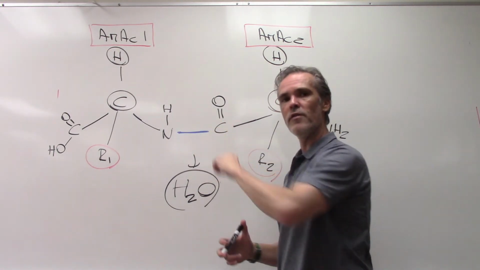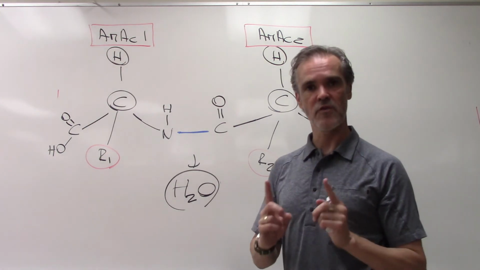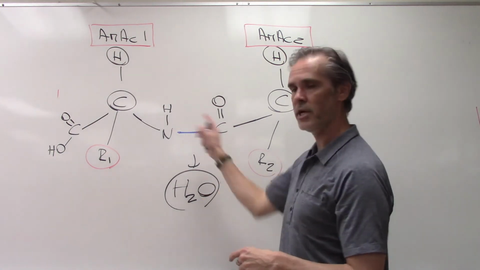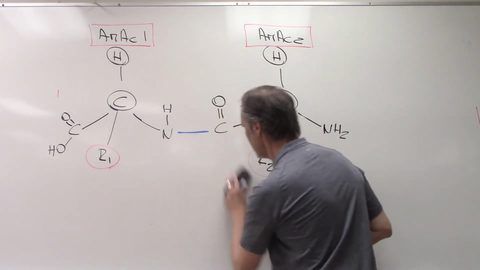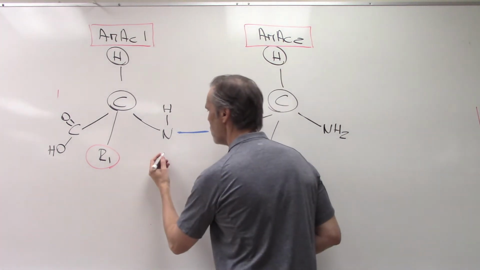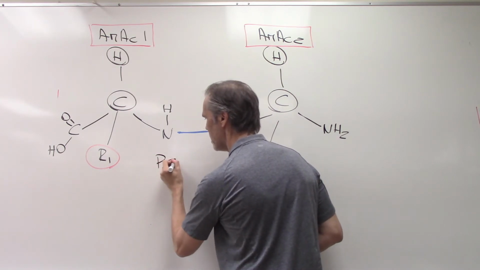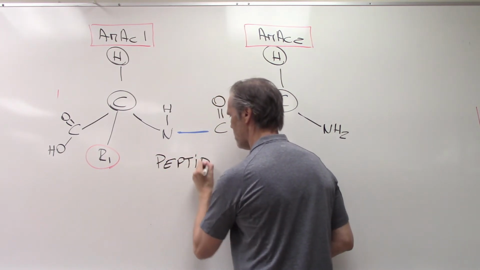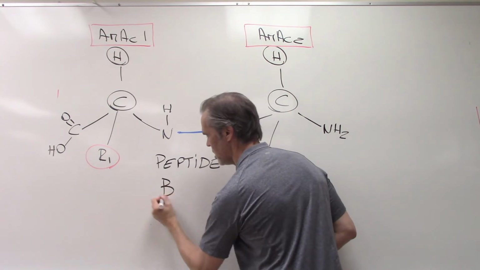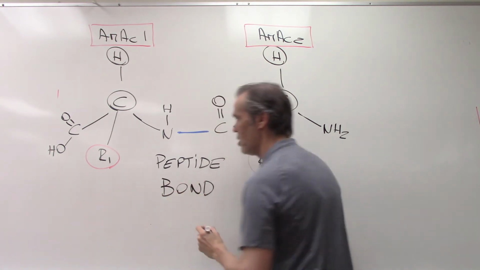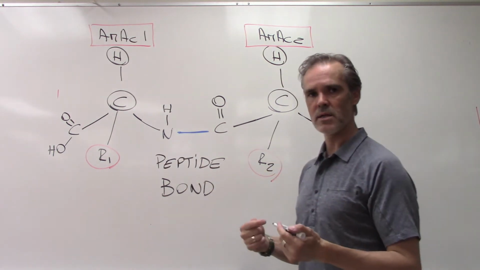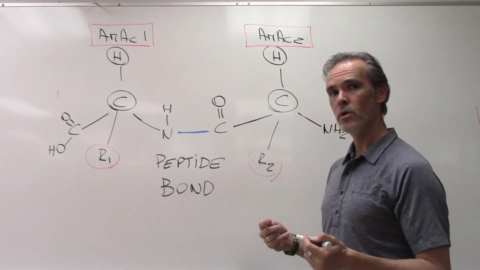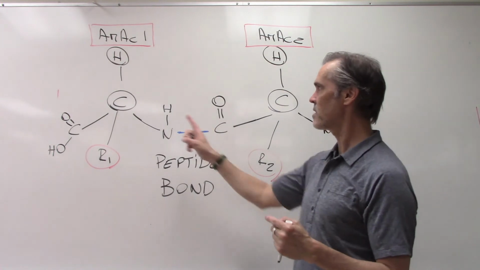This type of covalent bond here has a very specific name. When two amino acids are connected with one another, that name is known to be a peptide bond. So when we have a string of two or more amino acids connected with one another, we no longer have amino acid number 1, number 2.